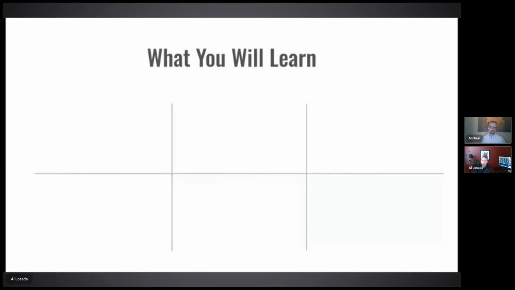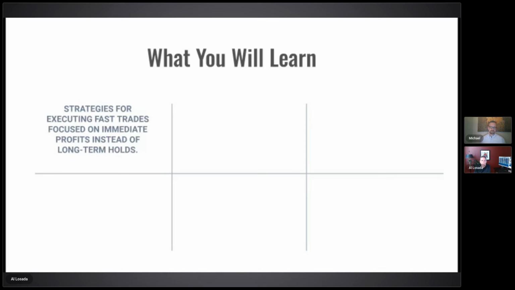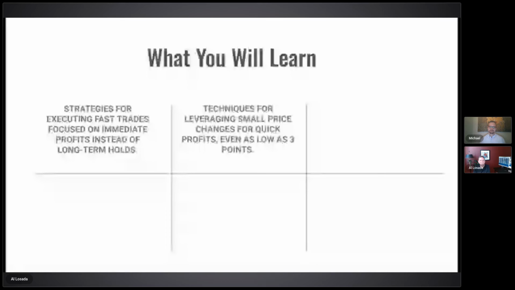Number one, strategies for executing fast trades focused on immediate profits instead of long-term holds. And long-term for me is a day, but with Michael, it could be about 3 seconds. Secondly, techniques for leveraging small price changes for quick profits, even as low as 3 points.